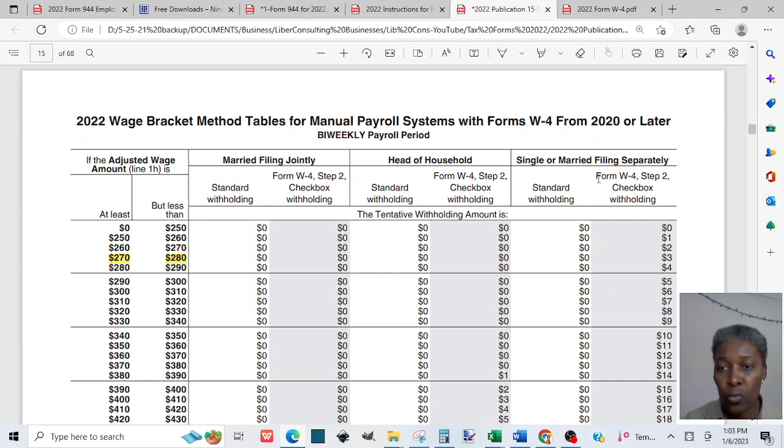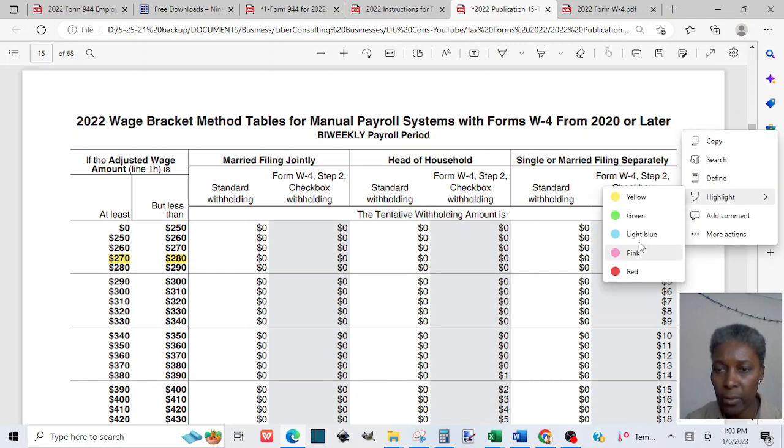But if the person wants you to withhold more money from his or her income because she has other sources of income that might make her 1040 total income high and might put her or him in a higher tax bracket, and the Step 2 checkbox is checked, then you will use this column, and in that case that will be $3 that will be withheld.